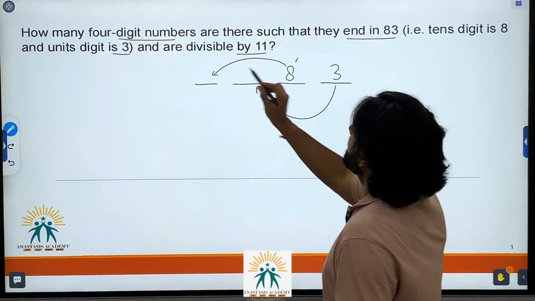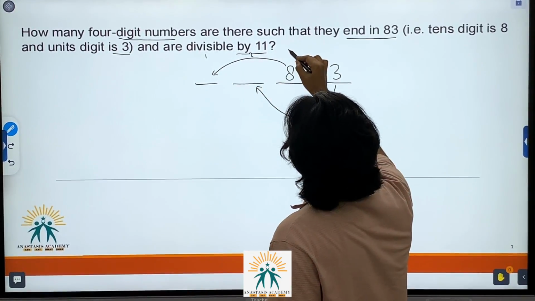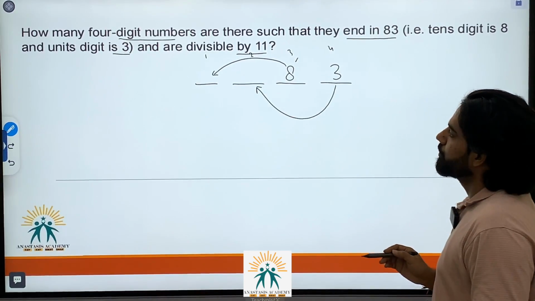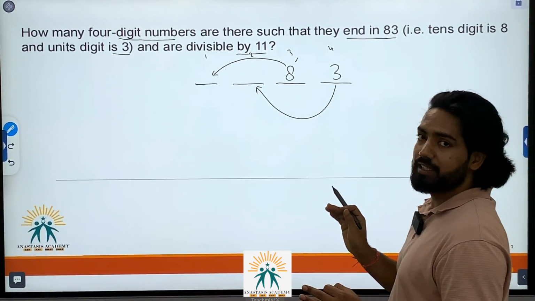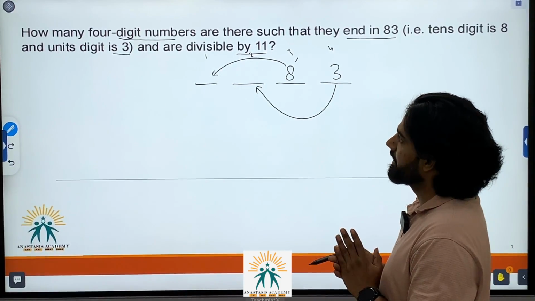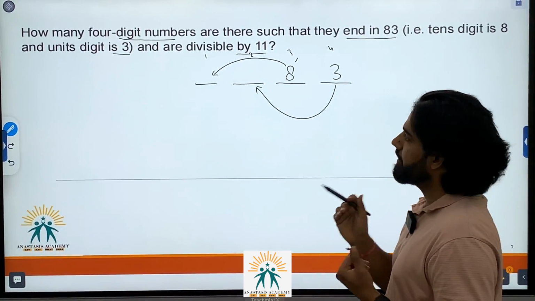Or whatever you call it, first, second, third and fourth digit. So the difference between these two alternating sums must be divisible by 11. That's the divisibility rule of 11, right?